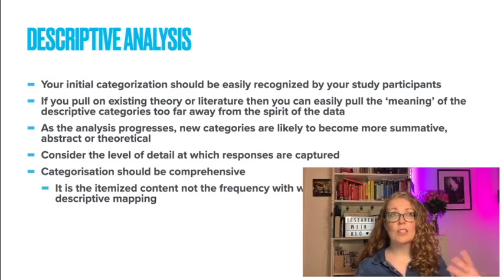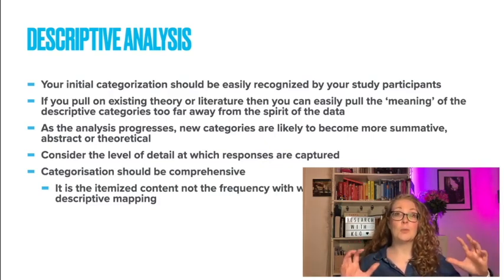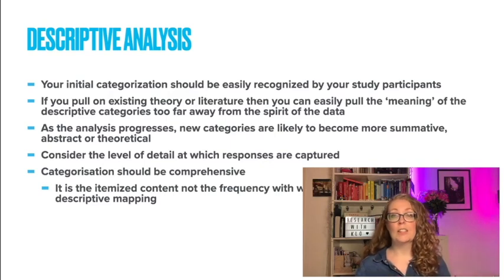You cannot say your study found something if you can't back it up with your data, so you've always got to stay as close as you can to your data in that respect, even when you do get increasingly abstract with your findings and how you want to present them.